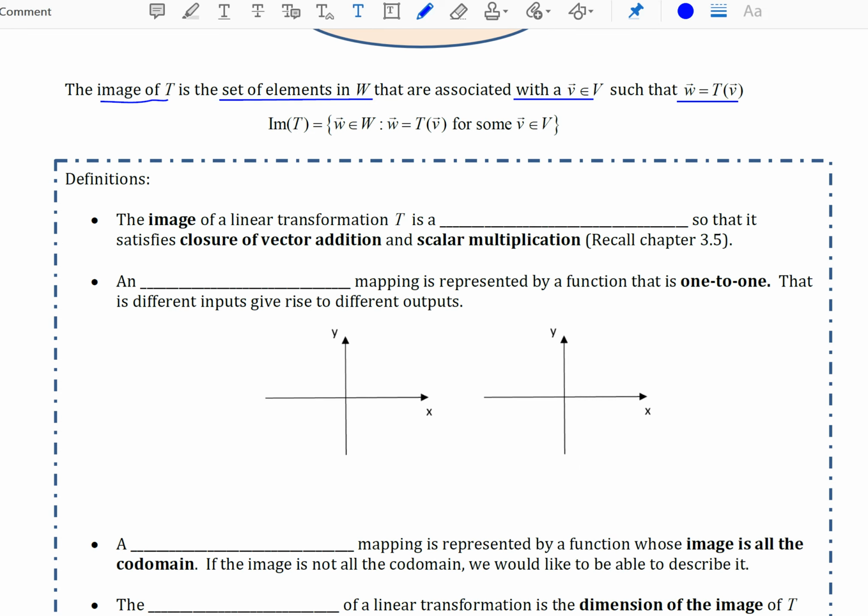The image of a linear transformation T is always going to be a vector space, so that it satisfies the closure of vector addition and scalar multiplication properties that we learned in chapter 3.5.